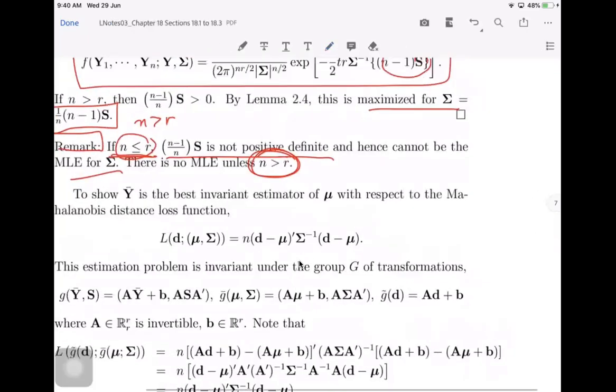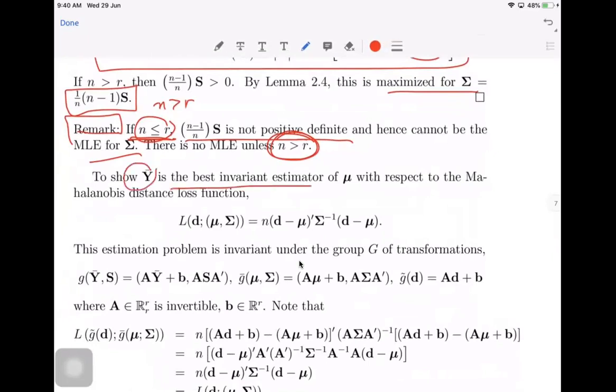Now, to show that Y bar is best invariant, recall that when we are talking about invariant, we have to have a loss function, no? Tama? In your linear models, when we talk about invariant, we should have a loss function. And if we are talking about invariant also, it is associated with some group of transformations, di ba? Then how do we know that it is best gani?